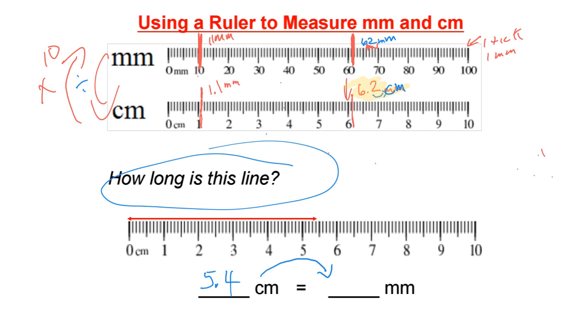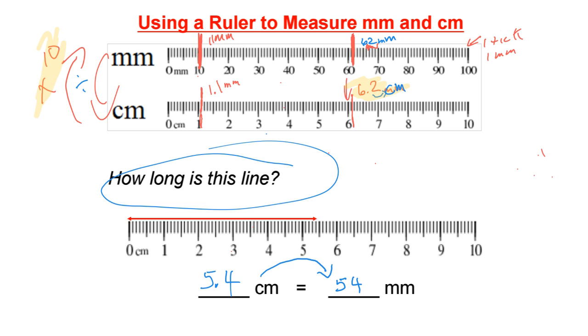To get 5.4 centimeters and change it into millimeters, we have to use what we talked about before. If we want to go from centimeters to millimeters, we have to literally multiply our number by 10. So in order to take 5.4, I'm just going to write the number 54 here. I'm going to write all the digits for 5.4 down.